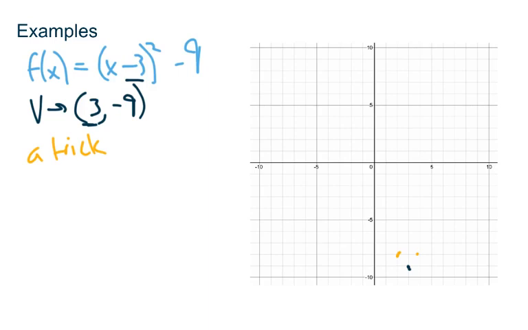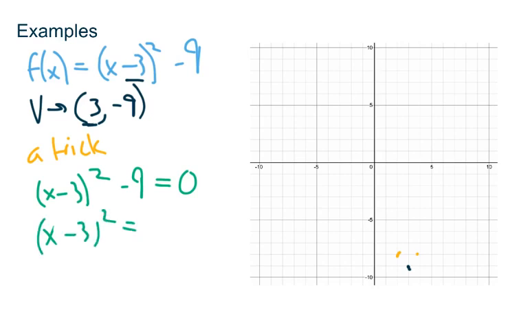So what I'm going to do is take the quantity x minus 3 squared minus 9 and set that equal to 0. I'm going to add 9 to both sides, so I have x minus 3 squared is equal to 9.